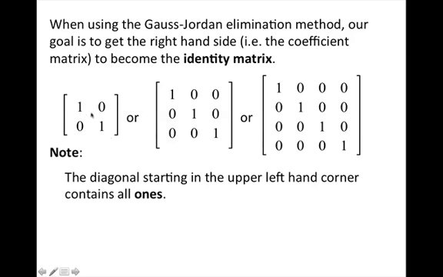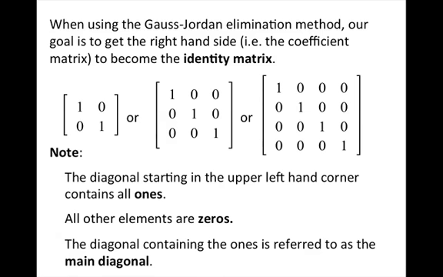That main diagonal is going to contain ones every single time. Every other element is a 0. If that element is not on the main diagonal, it needs to be a 0. And as I've been saying, the diagonal containing the ones is referred to as the main diagonal.